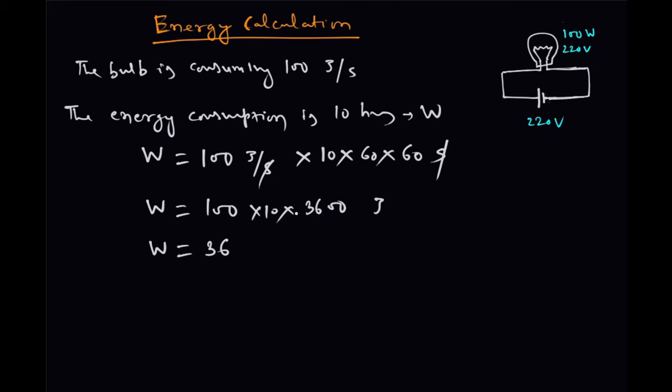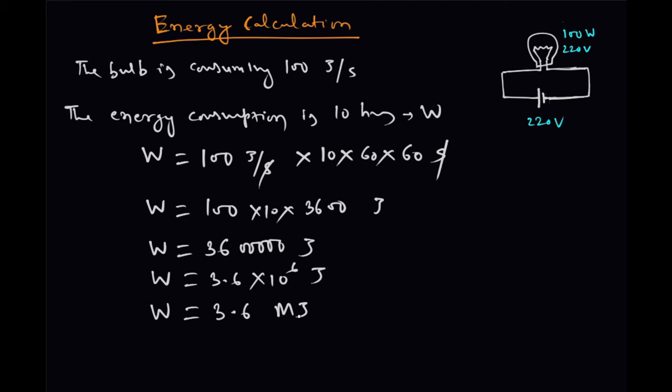So this much joules. Now we can write W is equal to 3.6 into 10 to the power 6 joules, or we can write W is equal to 3.6 MJ.